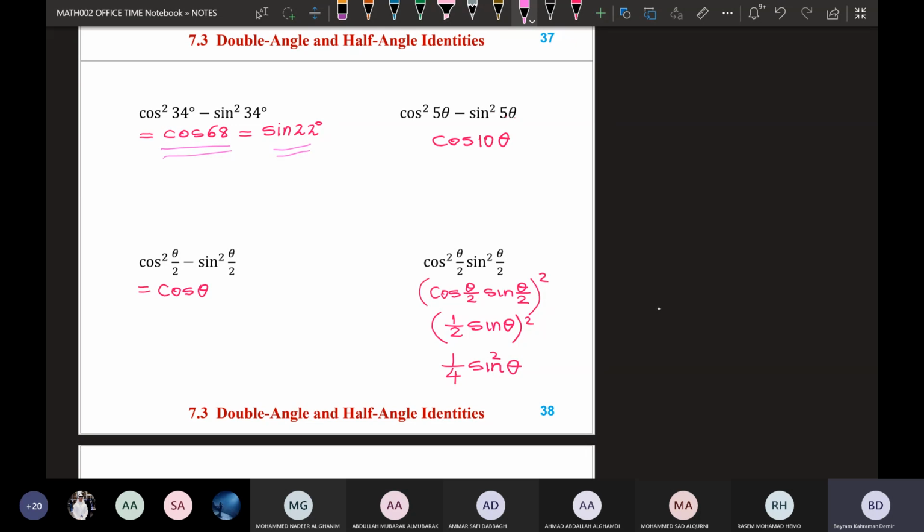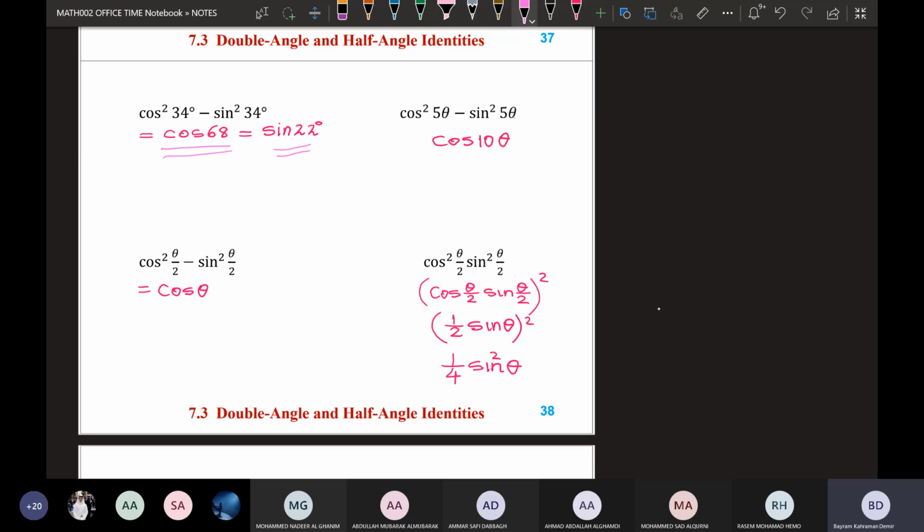And here we have cosine square of 5 theta minus sine square of 5 theta. Again, this is cosine of the double angle. So double of 5 theta is 10 theta, of course. So it is cosine of 10 theta. And this one is nice looking, interesting, you see.